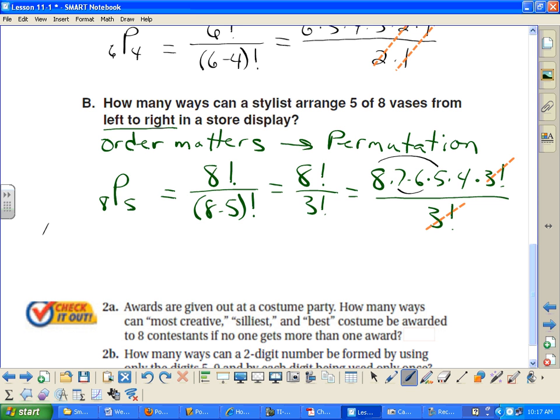So we have 1680 times 4. Oh, that becomes a little bit more difficult. Okay, let's see, 6,720. All right. So that's how many different ways that this person could arrange those vases. Okay, that is a lot. So if they arrange them 10 times a year, nobody should ever know there's a difference, right?